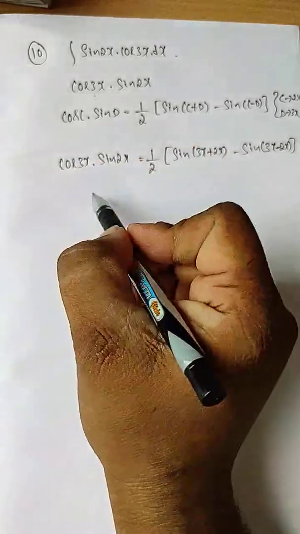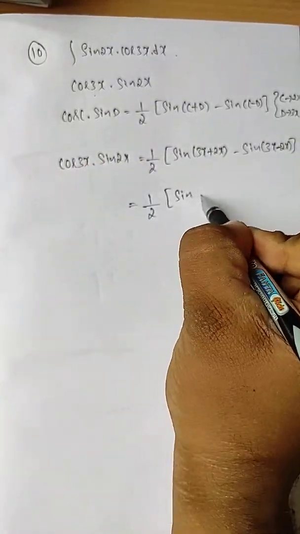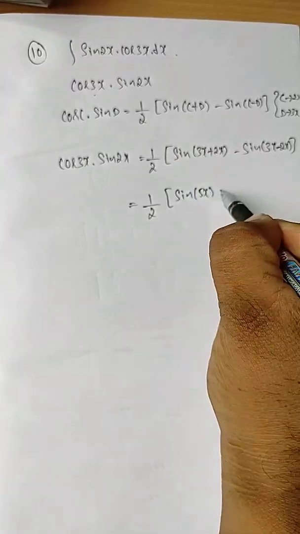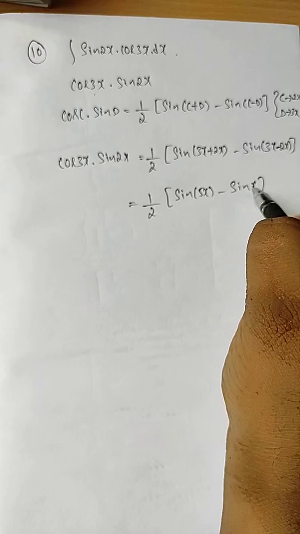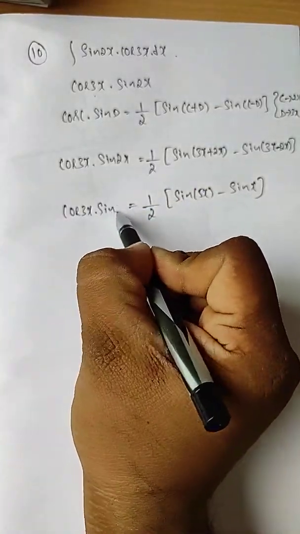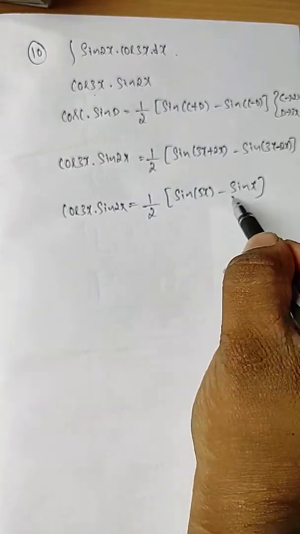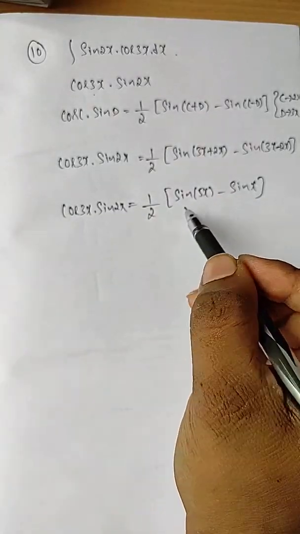Now this is equal to 1 by 2 sin 5x minus sin x. Is it clear? So cos 3x into sin 2x is changed as 1 by 2 sin 5x minus sin x. It was difficult for us to integrate this, so we can integrate this one easily.